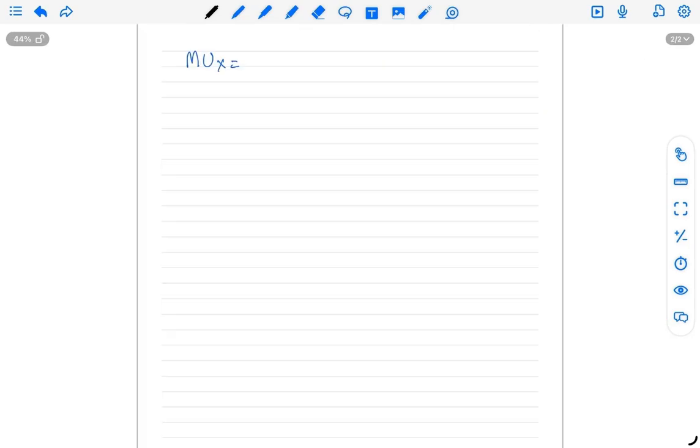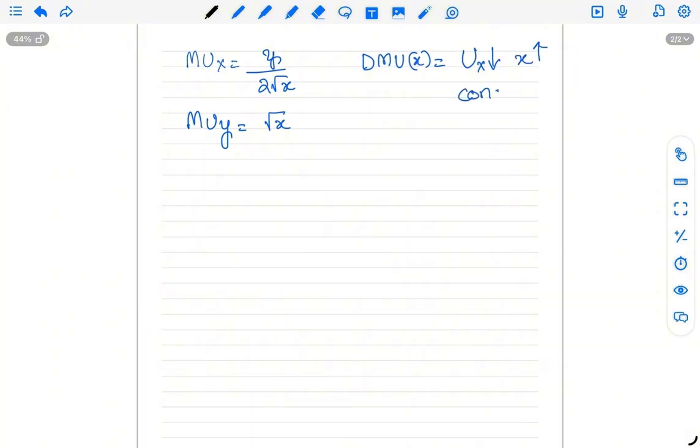MUx equals y by 2 root x. So marginal utility of y equals root x. So what is diminishing marginal utility of x? The utility function u of x decreasing when the value of x, the consumption of good x, is increasing.